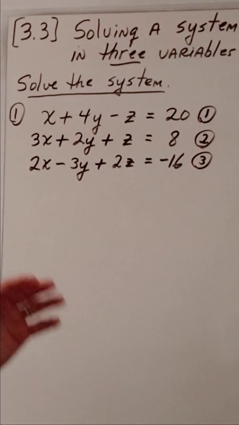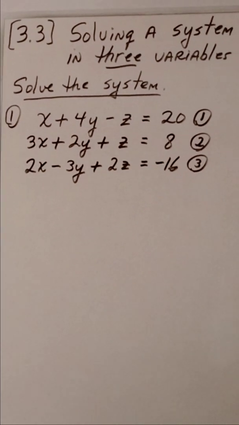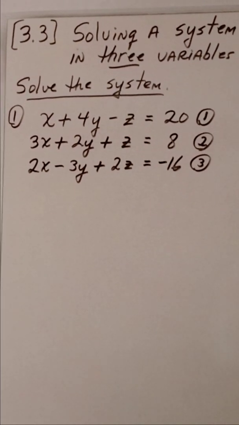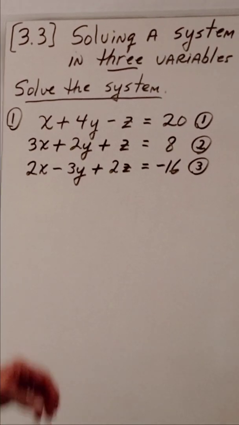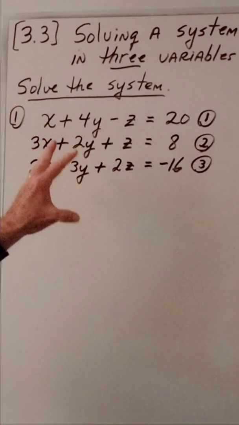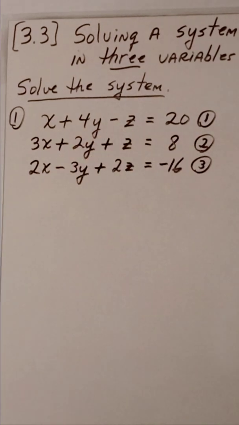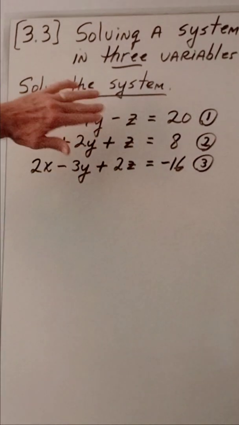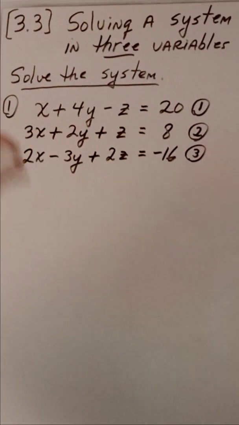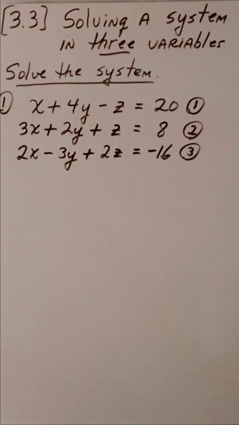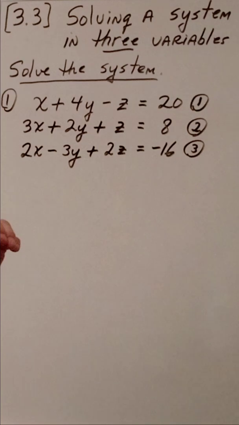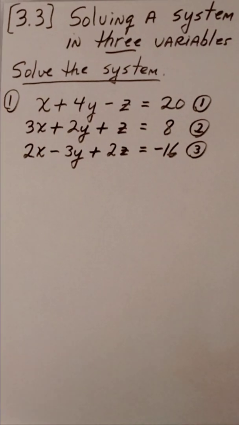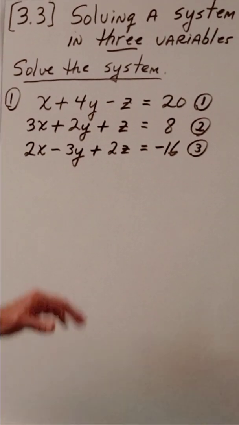So step number 1 in solving a system of linear equations in three variables is to identify the variable that you want to eliminate first. And so I'm going to eliminate z from this entire system. Here is the means of eliminating z from this system.